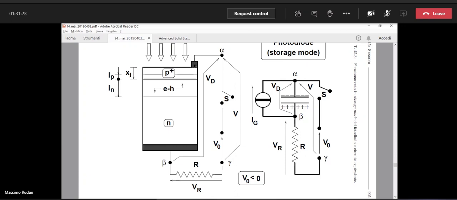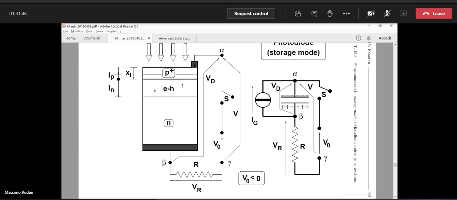Why? Because when the photons enter the device, they start crossing the neutral region of the p-type, and they produce, by optical generation, electron and hole pairs.